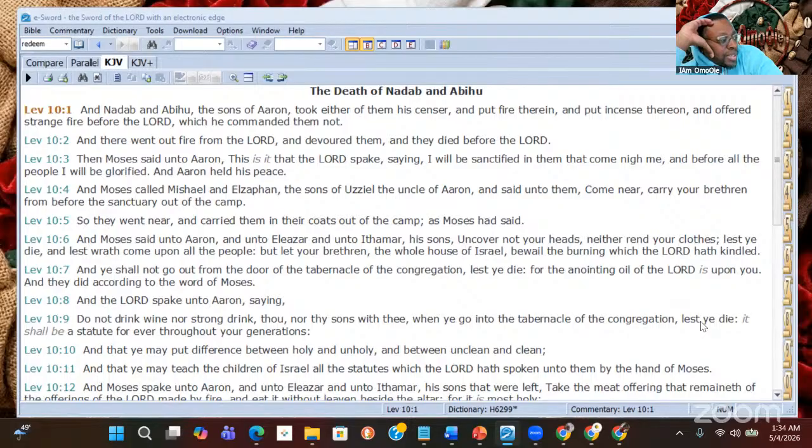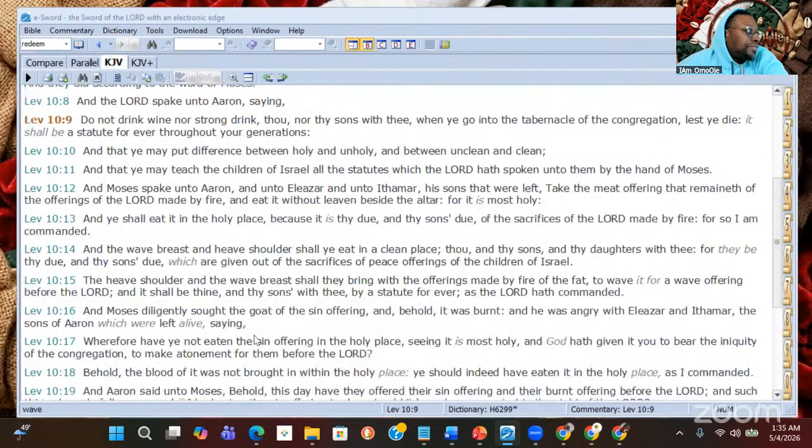And Jehovah spake unto Aharon, saying, Do not drink wine, nor strong drink, thou, nor thy sons with thee, when ye go into the tabernacle of the congregation, lest ye die. It shall be a statute forever throughout your generations. And that ye may put difference between holy and unholy, and between unclean and clean.